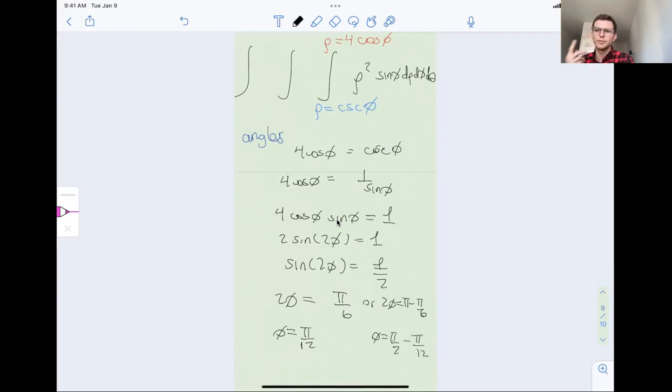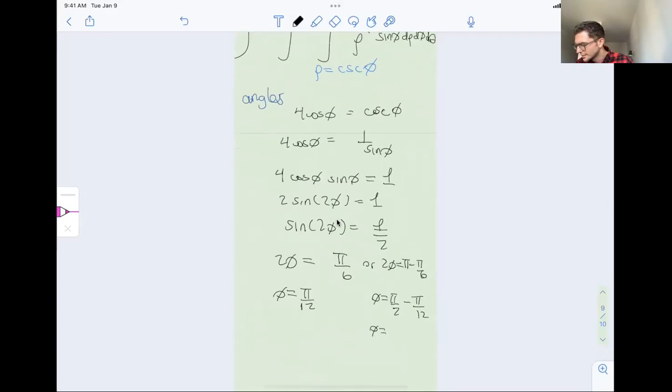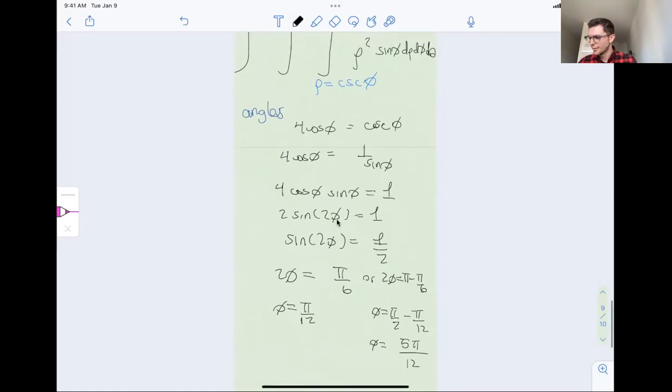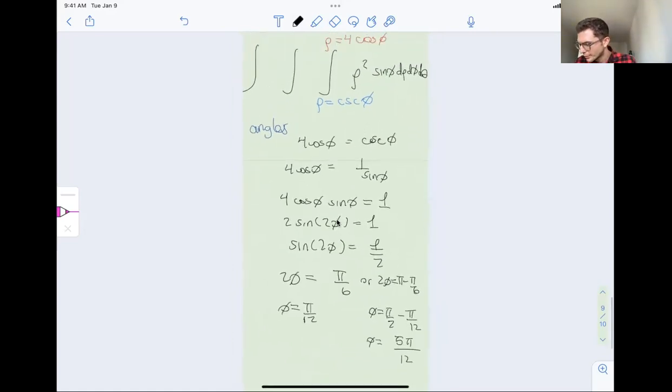There are two options for the angle, so that gives you the other one. That is phi equals 5 pi over 12. So the bounds go from pi over 12 to 5 pi over 12. Good. And finally, what are the bounds for theta? It's just from 0 to 2 pi.